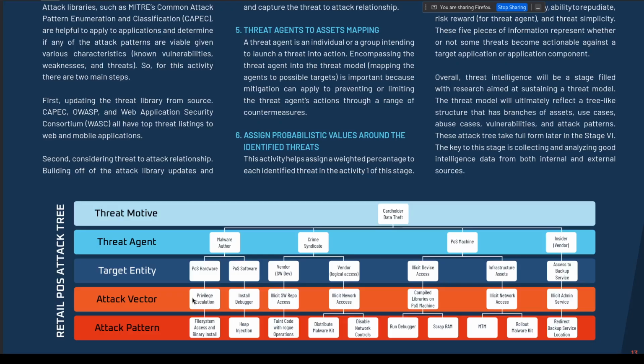Can the data be leaked? Is that the probable threat that can happen? We need to assess this. We can also use our risk profile, which we built in the first stage, to identify the risks that we already saw before, in order to prioritize the probabilistic values for these identified threats. So that's about it for stage 4.